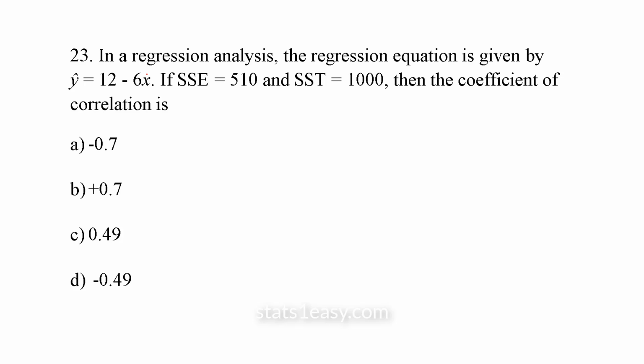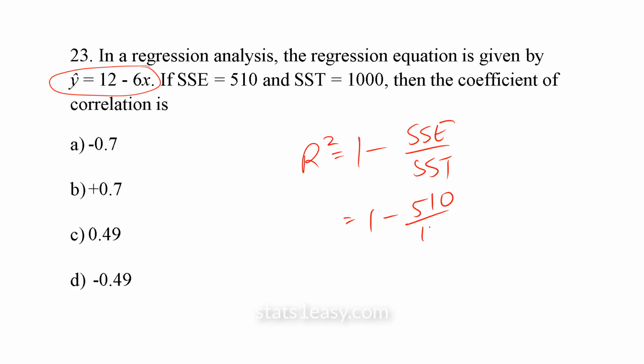Here we have a simple linear regression equation, and we're given SSE and SST. We can find our R squared by taking 1 minus SSE over SST, which will give us 1 minus 510 over 1,000, and that will give us 0.49. So R squared is 0.49.